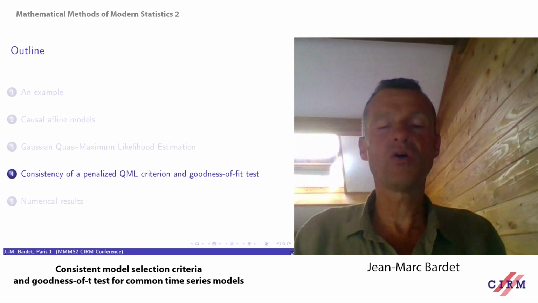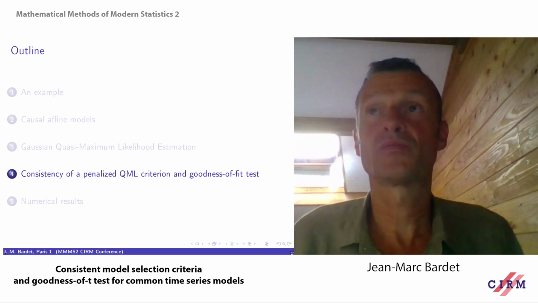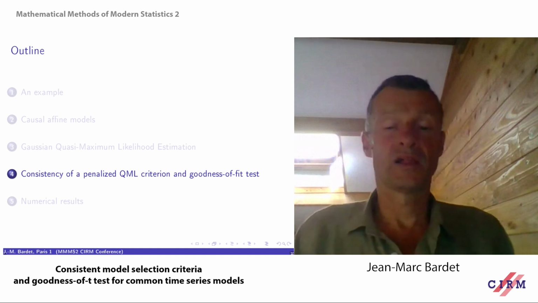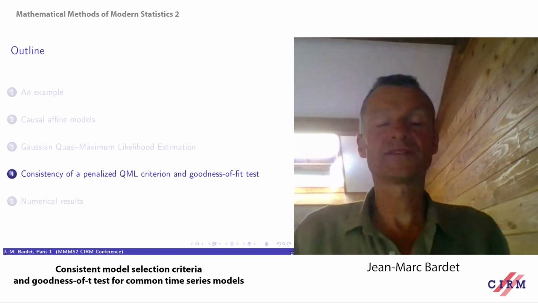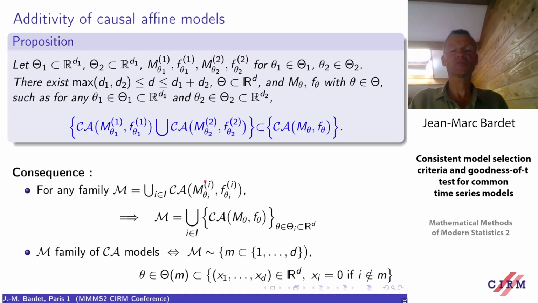Okay, so now I'm going to the problem of selecting a model. And by this way, we will use a penalized quasi-maximum likelihood criterion. And using this also, we will obtain a Portmanteau goodness of fit test.